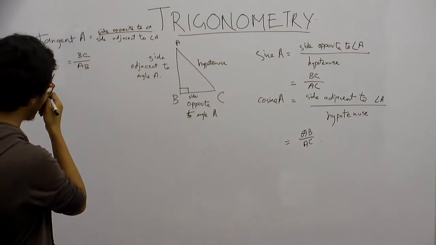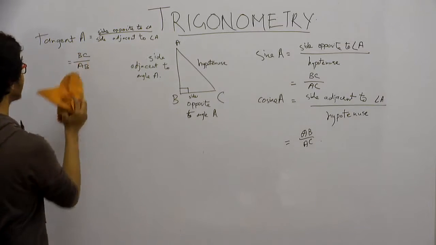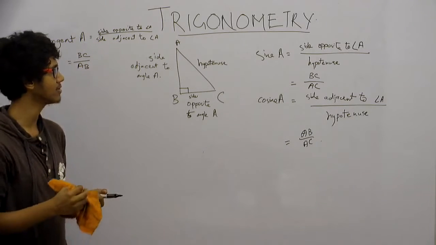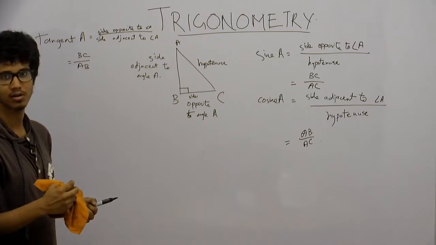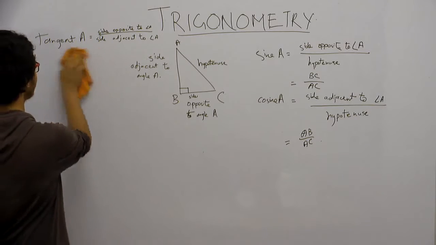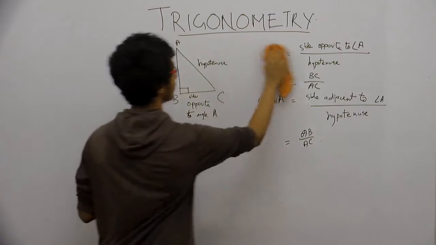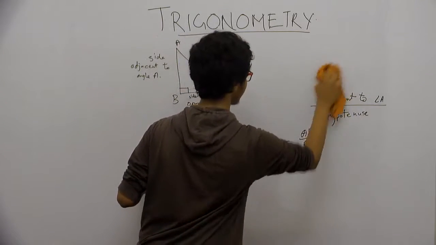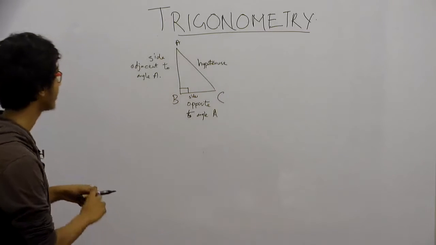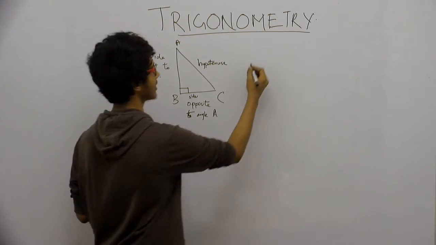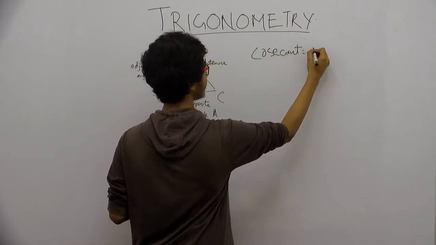Alright. Now we come to the inverse ratios. What are the inverse ratios? The three remaining ratios that are cosecant, secant and cotangent. I will be defining them. This is still a right angle triangle, so let's start with cosecant. Cosecant is the inverse of sine.